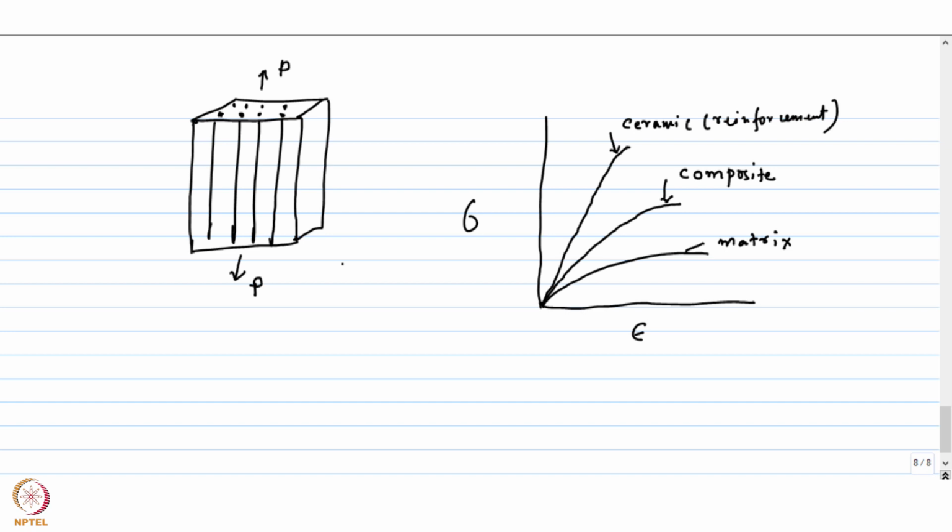Now, if you look at the deformation behavior, three stages of deformation can be defined. The first stage is the elastic deformation, where both fiber and matrix are elastic.